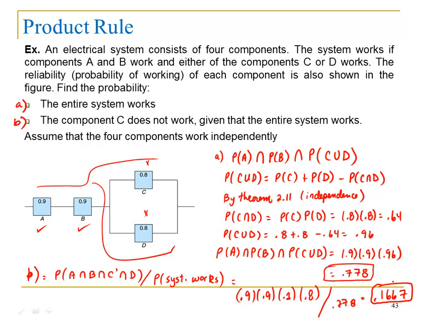Then we can add that extra fact to our problem and find out what would be the probability of this. In this problem, A and B are assumed to be independent.